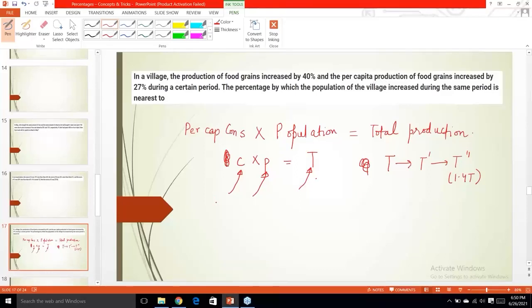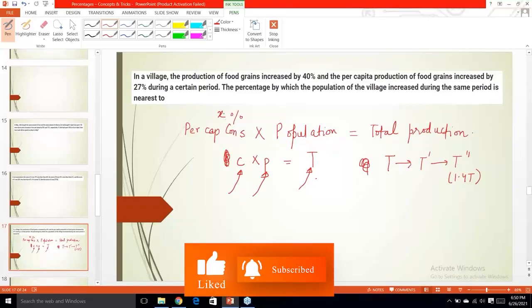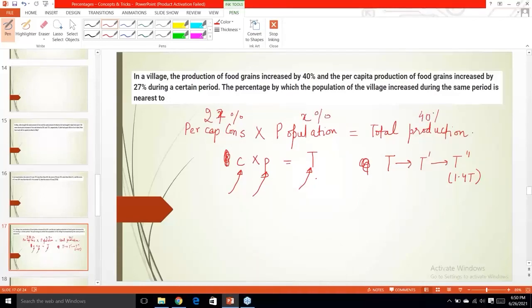So it says that per capita consumption increases by 27%, and there is one change of X% in population, which we have to find out, and the final change is 40%. So we can apply the formula 27 plus x plus 27x by 100 is 40.